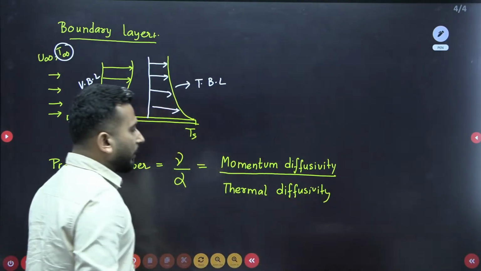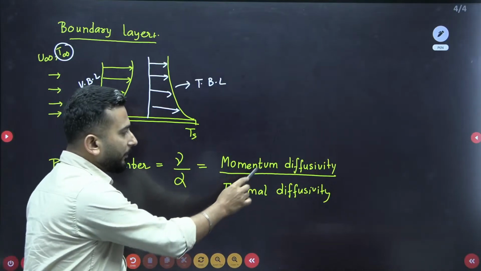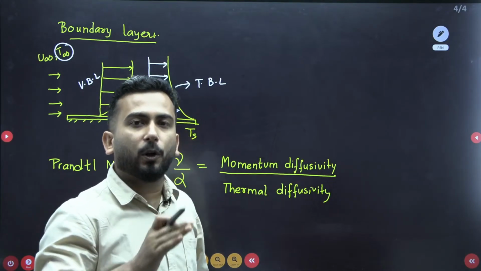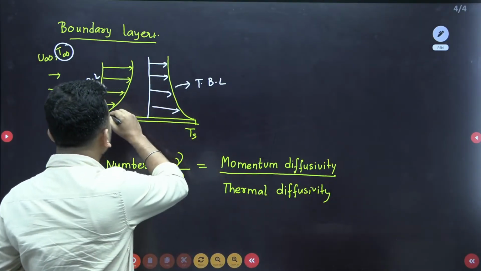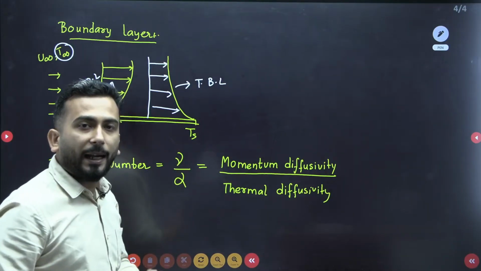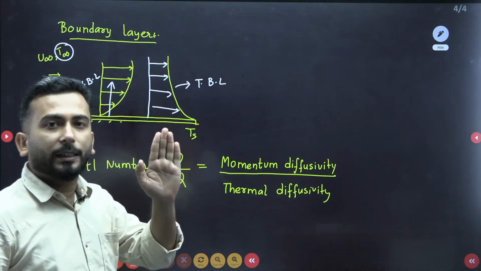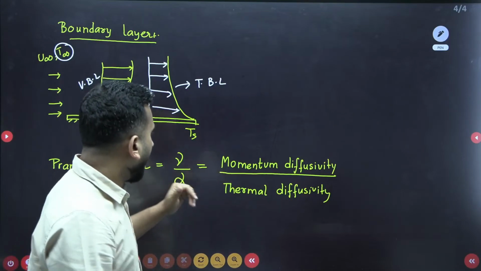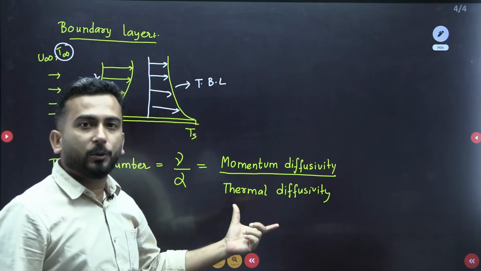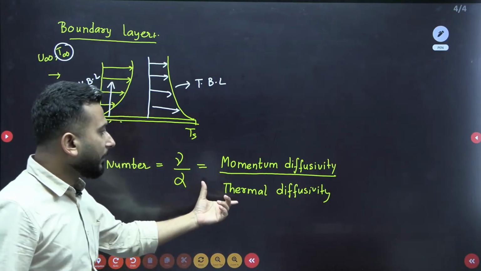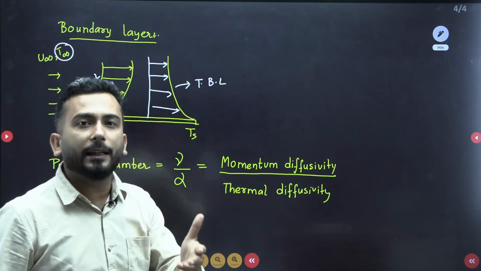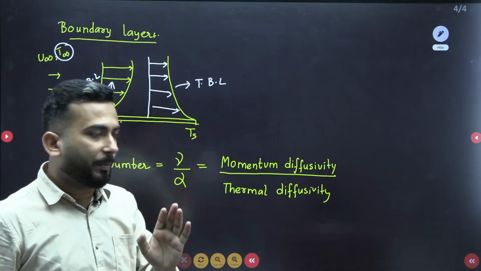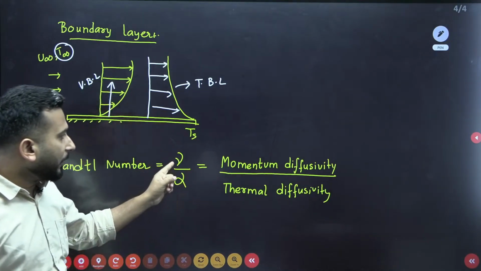From the name itself, you are able to make out that momentum diffusivity is referring to how momentum is diffused from the flat plate to the fluid, at what rate momentum is diffusing through this layer, and this is responsible for the formation of the boundary layer. And from alpha, the thermal diffusivity, we can think that this is telling me at what rate heat is getting diffused, and this is responsible for the formation of the thermal boundary layer.